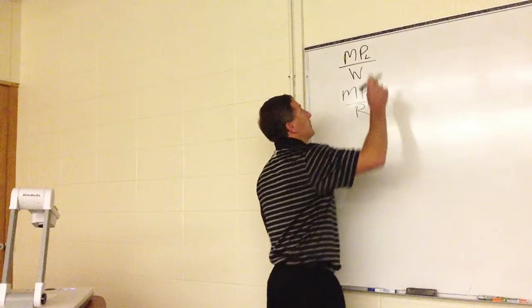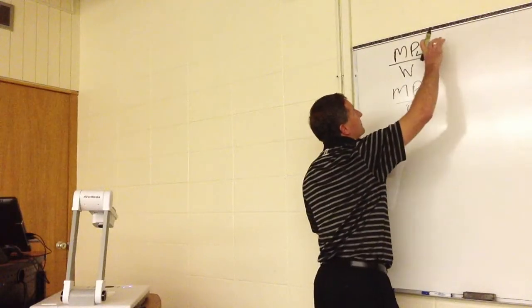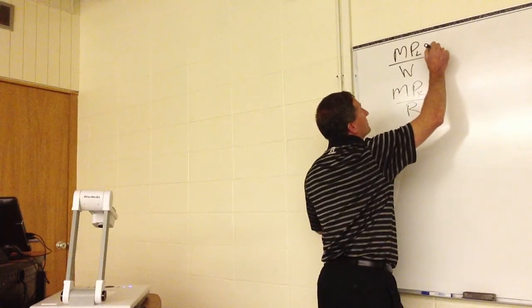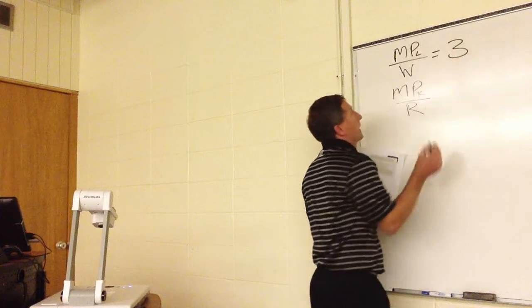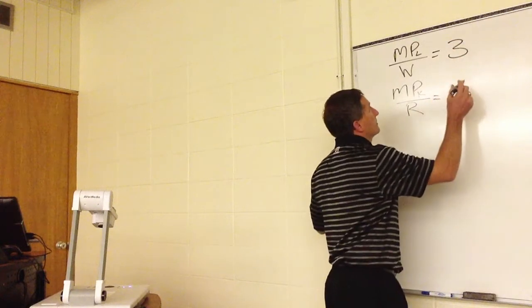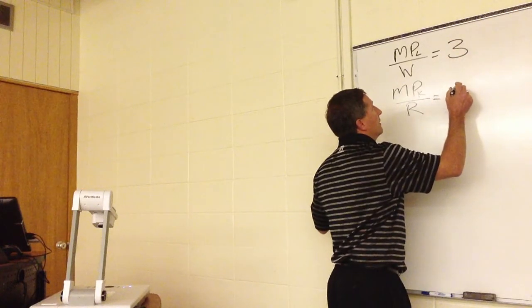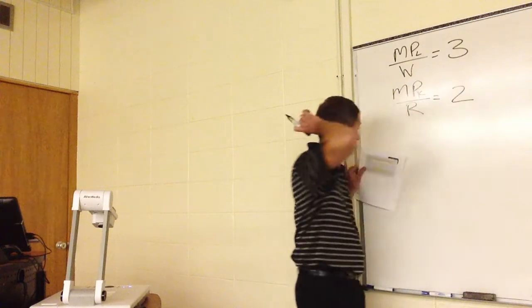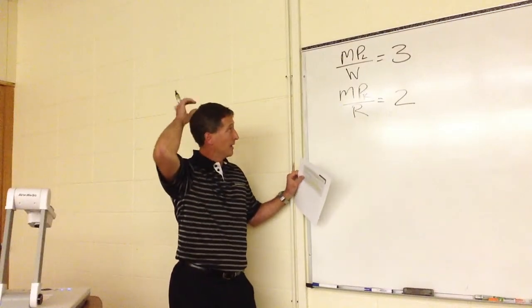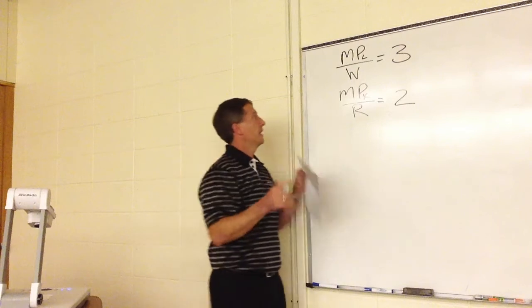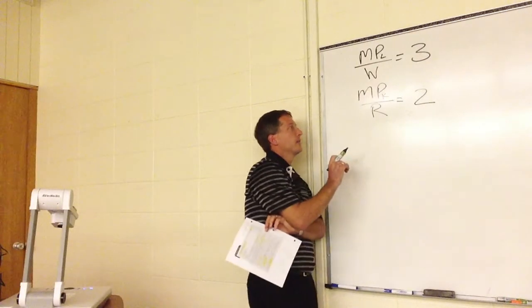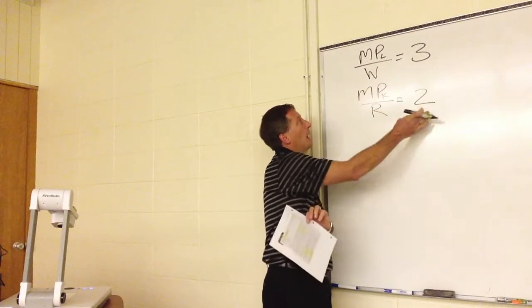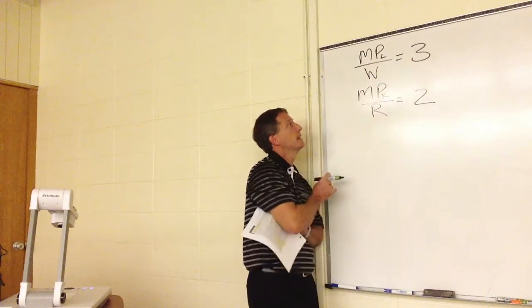3 and 2. Okay, which one's which? The marginal product of labor divided by wage. Okay. Rental rate is 2. Okay. So what is the interpretation of that? 2 what? 3 what?